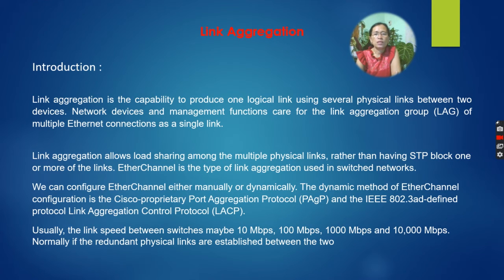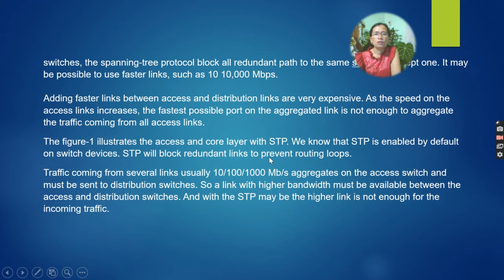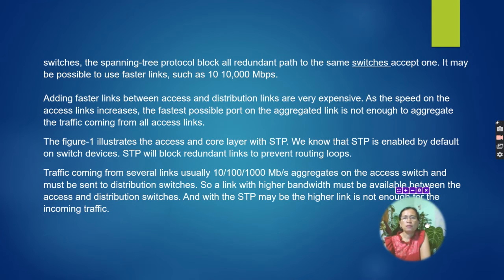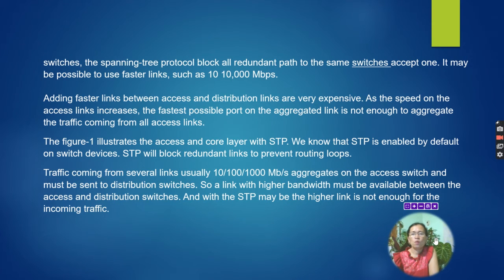Normally, if redundant physical links are established between two switches, the Spanning Tree Protocol blocks all redundant paths between the same switches except one. It may be possible to use faster links such as 10,000 Mbps.